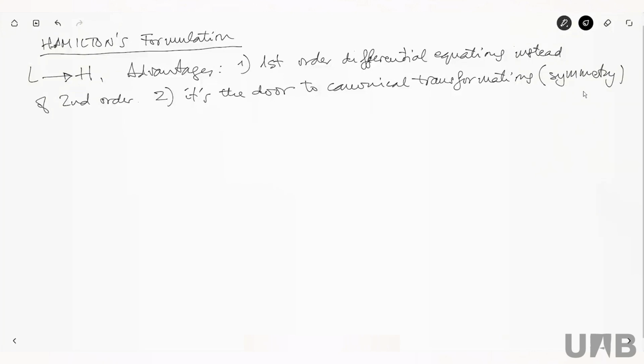And canonical transformations are related to the symmetry. And canonical transformations are more easily formulated in terms of the Hamiltonian. But I mean, it's obvious that there is one advantage, which is one formulation of quantum mechanics.